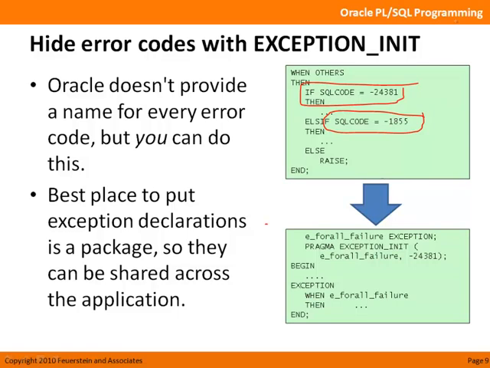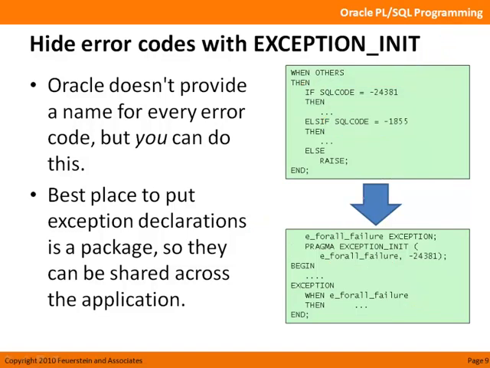So whenever you need to reference an error code by number and there's no name for it, declare an exception, use the pragma exception init to associate that named exception with the error number, and then inside your exception section, you can reference that error by name instead of by number. A very simple technique, again, for hiding the implementation, the actual value behind a name, but in this case for an exception.